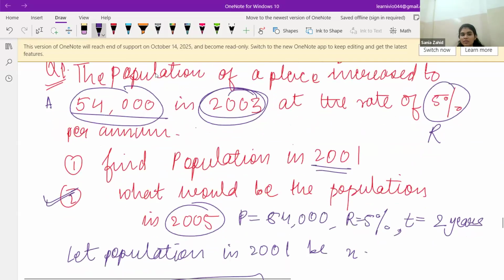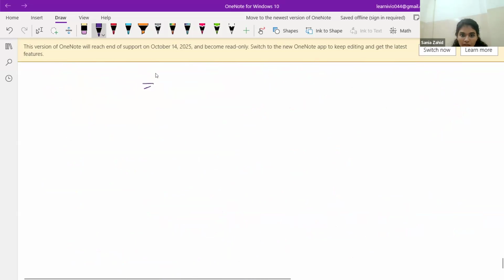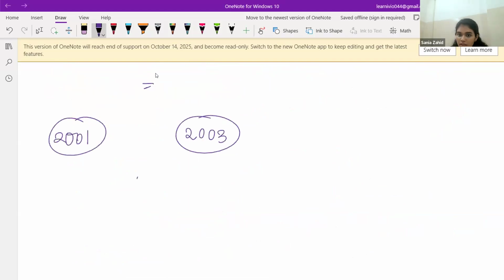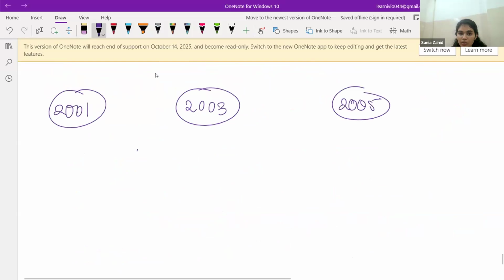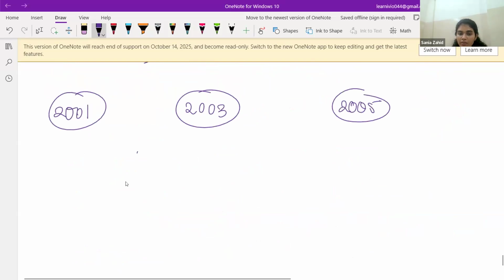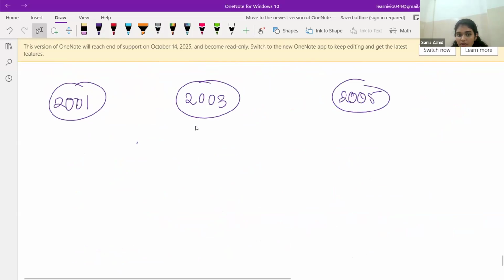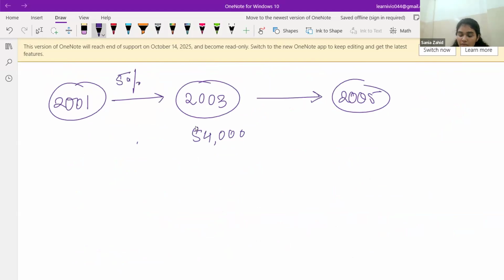Children, earlier 54,000 was the population in 2003. See, we have 2001, then 2003, then 2005. This is 54,000. From 2001 to 2003 it increased by 5%. Again, from 2003 to 2005, it's increasing by 5%.